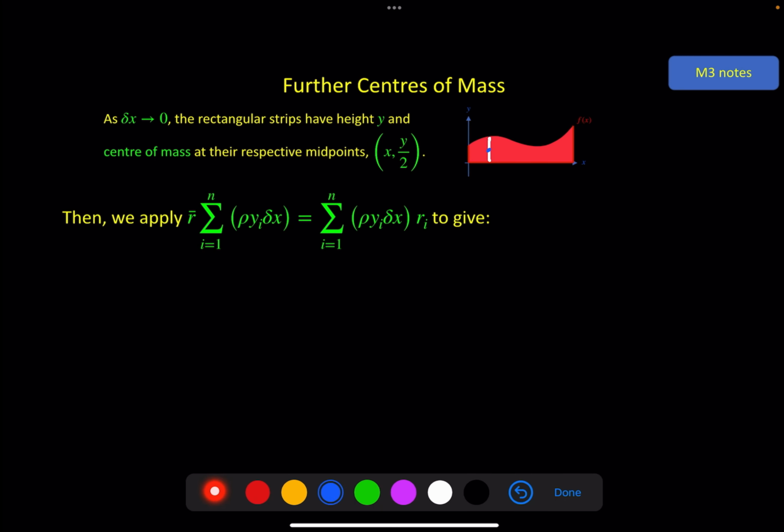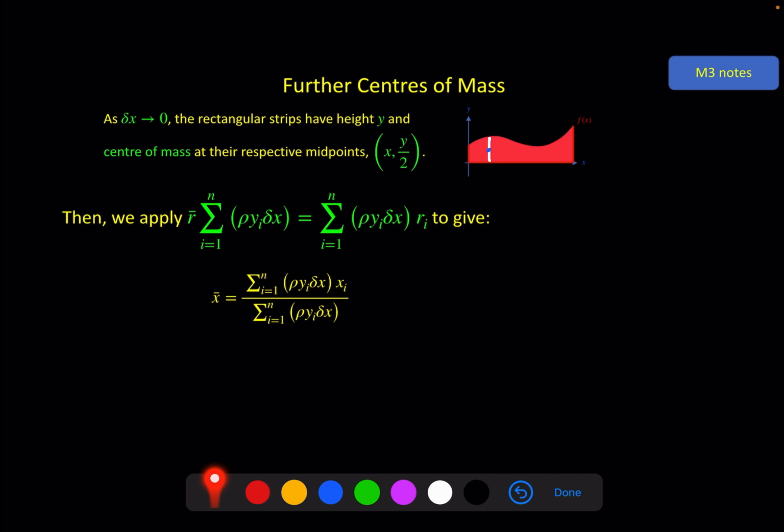Then we're applying this formula here, so that we can sum together all of the different strips using their respective centers of mass. So for the x coordinate, this is going to become x bar. Most of this will stay the same, and we know the x coordinate of the center of mass is just x for each strip in turn. So that gives us this for the center of mass of the x-coordinate of the entire uniform lamina, where I've just divided through by this sum to get x bar by itself.